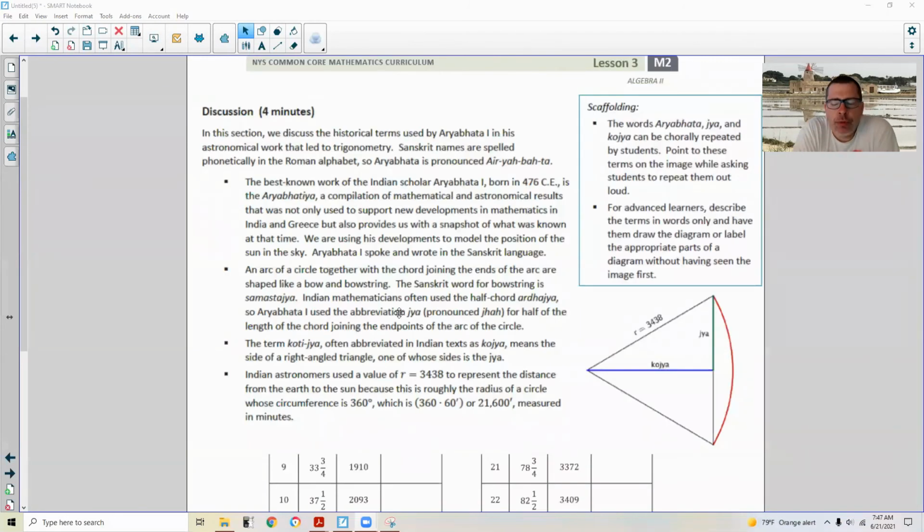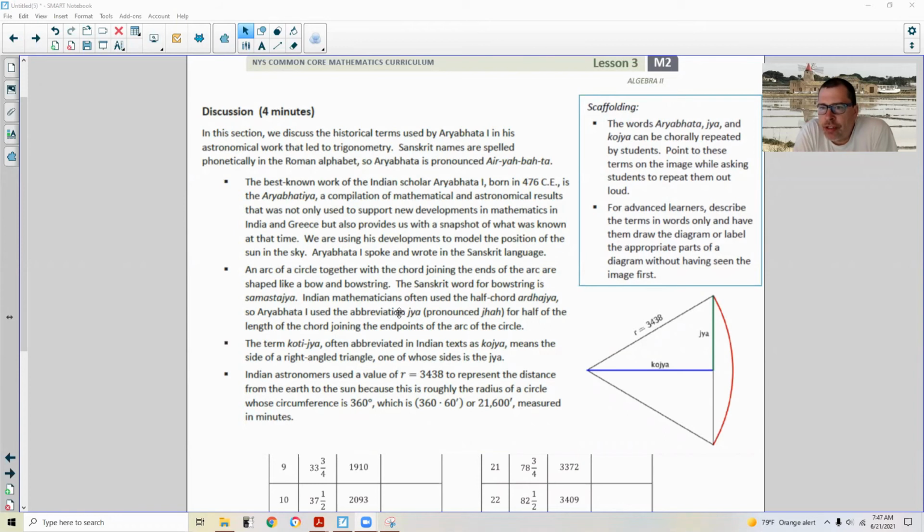On this page, we're going to start with a discussion. It says, in this section, we discuss the historical terms used by Aryabhata the first in his astronomical work that led to trigonometry. Sanskrit names are spelled phonetically in the Roman alphabet. So Aryabhata is pronounced Aryabhata.